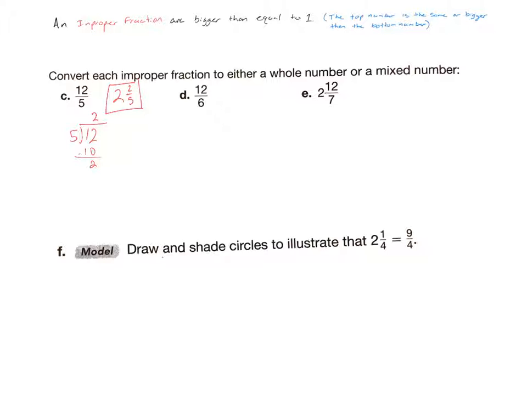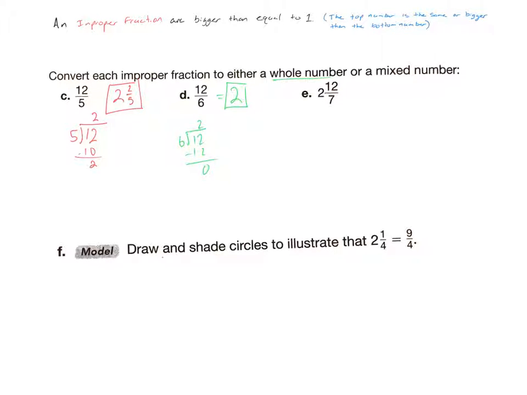This next one, I'm going to say 12 divided by 6. 6 goes in that 2 times, and get a remainder of 0. So this one's just going to be equal to 2. That's where it says a whole number. And then notice this one is kind of both. It has a 2 and a 12/7, so I need to fix that 12/7.